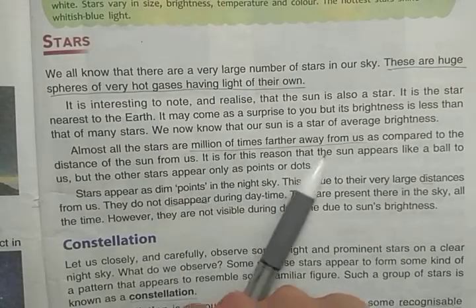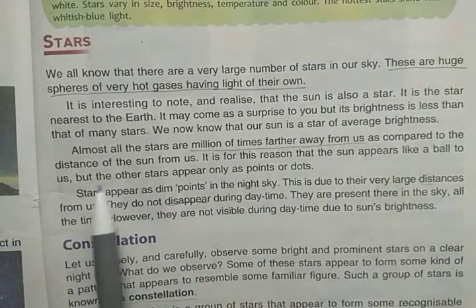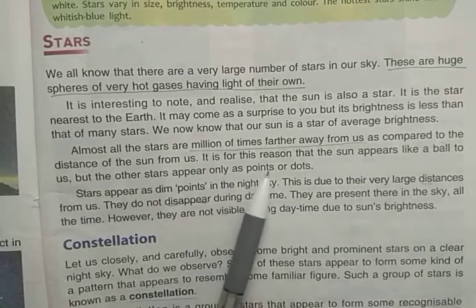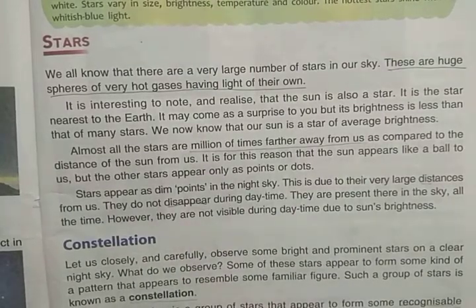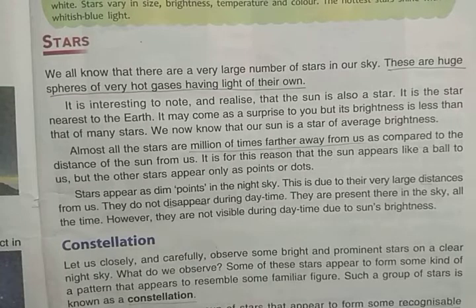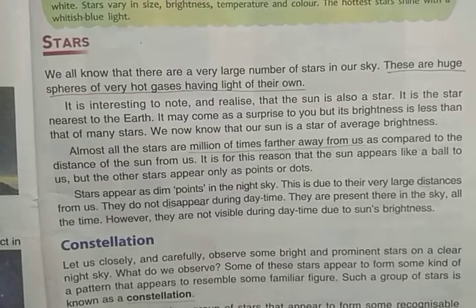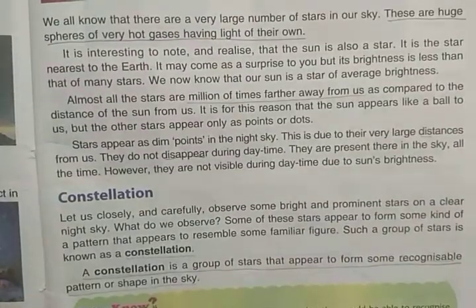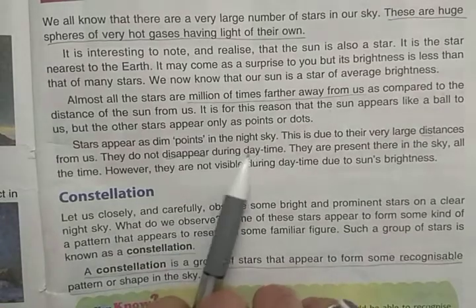It is the reason that the Sun appears like a ball to us, but the other stars appear only as points or dots. Due to the greater distance, the other stars appear small to us, but the Sun's distance is less in comparison, and because of this it appears to us like a ball. And stars appear as dim points in the night sky.